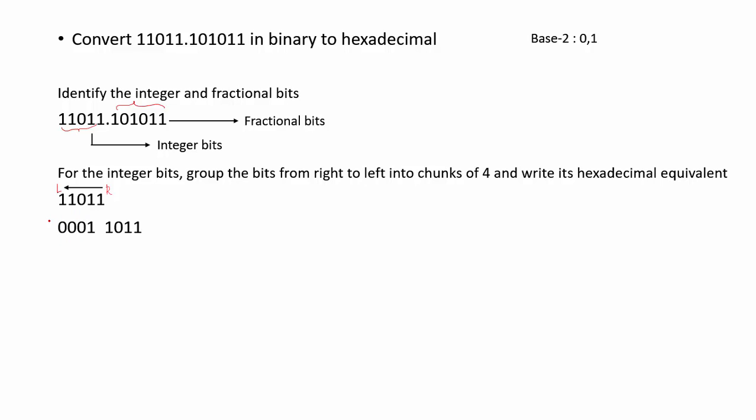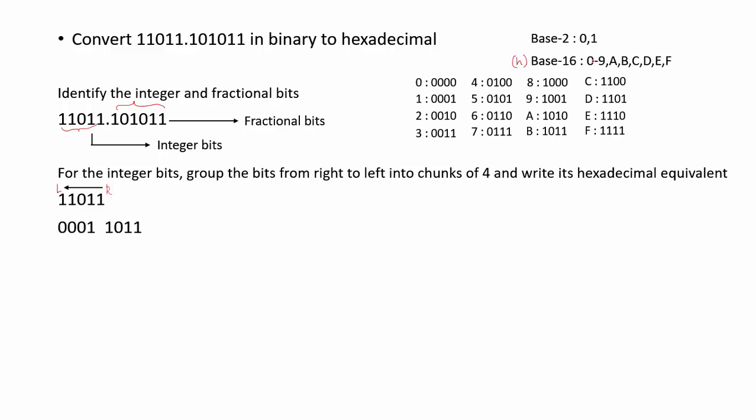Now in the base 2 system, we have only 2 digits, that is 0 and 1, whereas in base 16 or hexadecimal, which is represented by an H, we have 16 digits starting from 0 to 9 and A, B, C, D, E, F. Each of these digits in hexadecimal can be represented using binary with 4 digits. 0 in hexadecimal will be 0000 in binary.